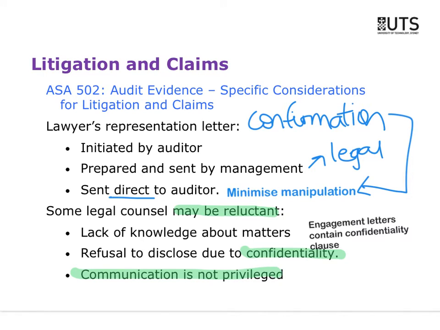Communication is not privileged. So what happens is the communication between the lawyer and the client is protected by legal privilege, right? They don't have to tell anybody what they said to each other. However, the communication between the lawyer and the auditor is not subject to legal privilege. So if the court instructs the auditor to disclose what the lawyer said, then the auditor must be forced to comply.